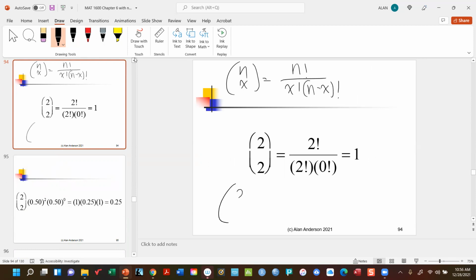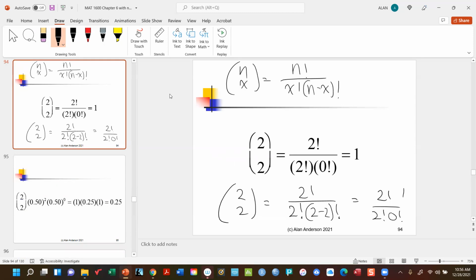Okay, just want to show you where all this came from. And that works out to be exactly 1. There's one way of getting 2 evens.